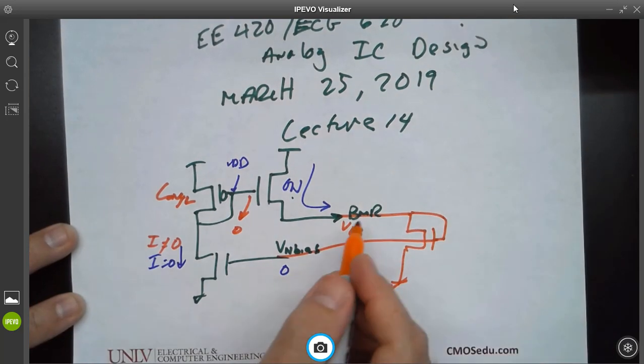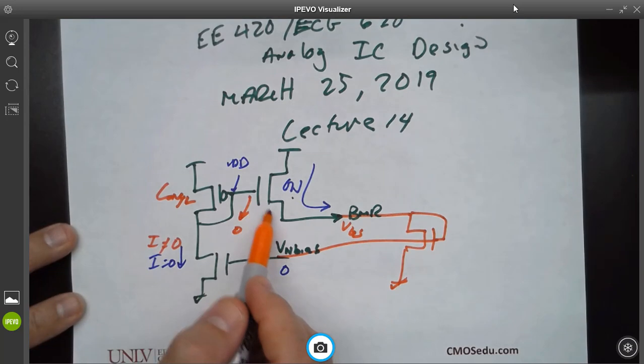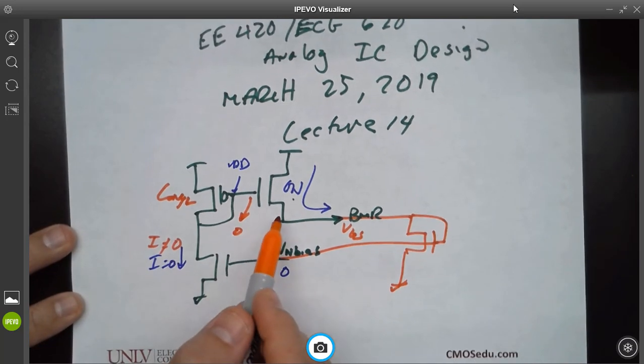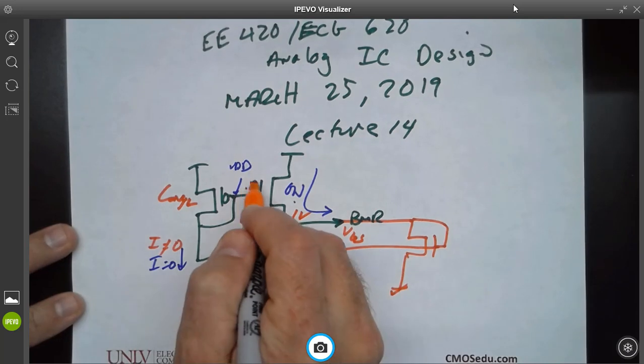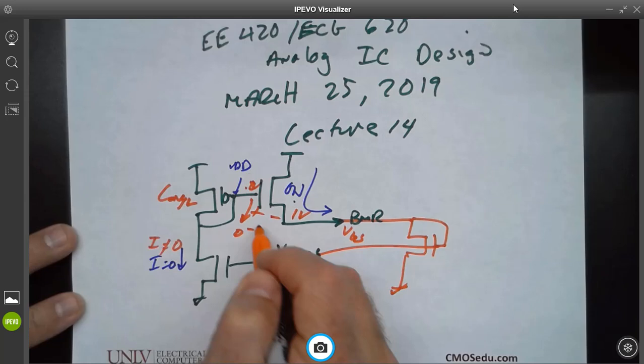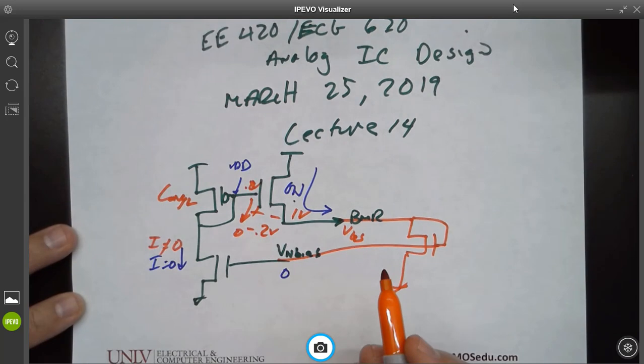Like this. So this is at a VGS. So even if it doesn't go to ground, this could have a negative VGS. So if this was at 1 volt and this was at 0.8 volts, then this VGS would be minus 0.2 volts. Everybody follow that?